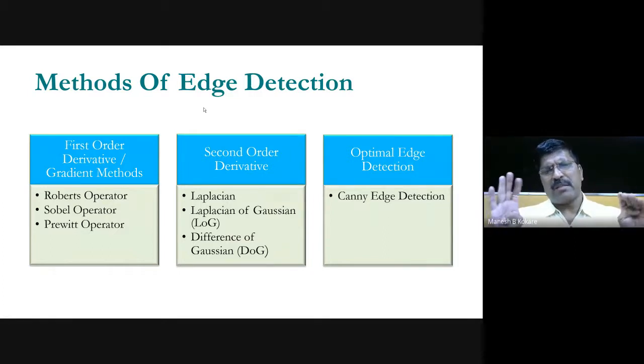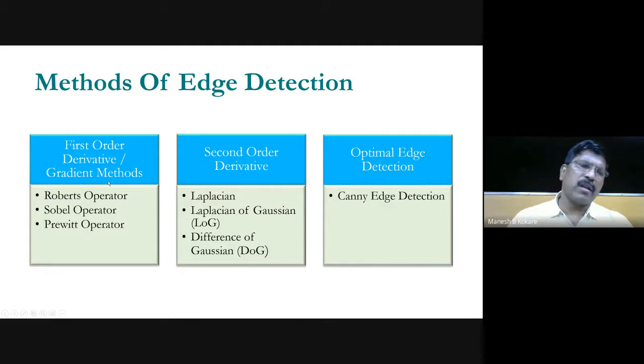Now what are the different methods of edge detection? There are basically three types of methods. One is the first order derivative method, which we call a gradient based method. The second is the second order derivative method, and the third is the optimal edge detection method. Under the first order derivative method, we take the derivative once.